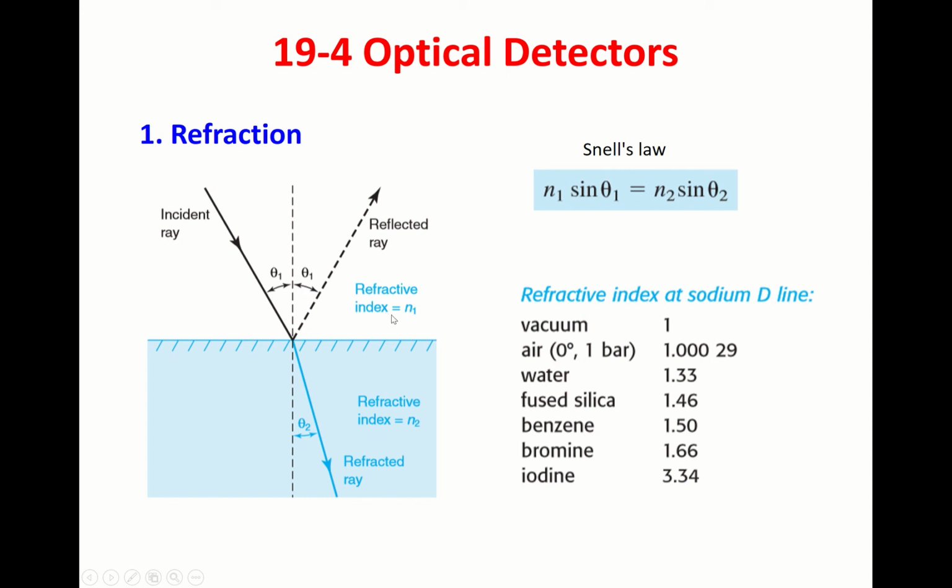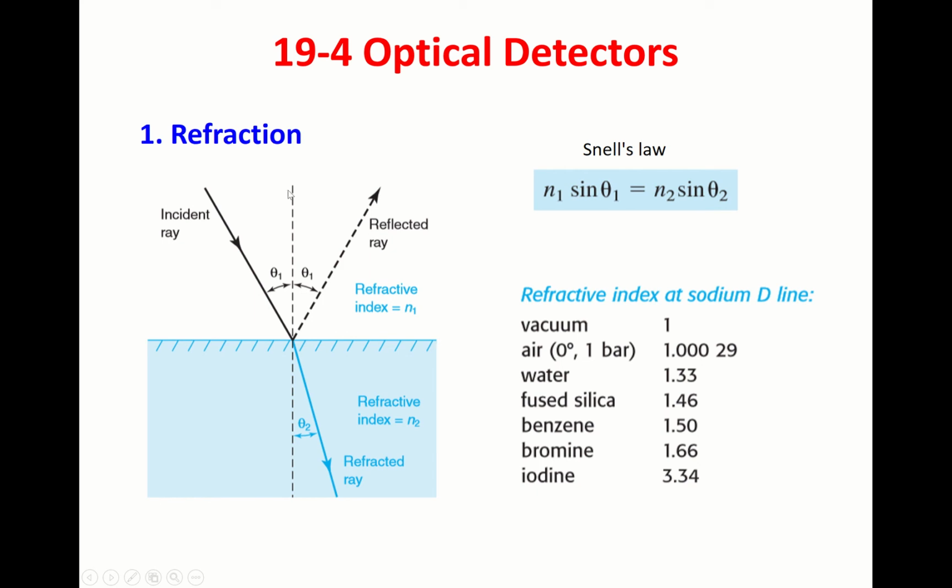Since the refractive indexes are different, the incident ray is bent when it enters another material, whose refractive index is n2. Let's say this is a refraction angle theta 2. But don't forget, in optics, you measure the angle with respect to the surface normal, not with respect to the surface.